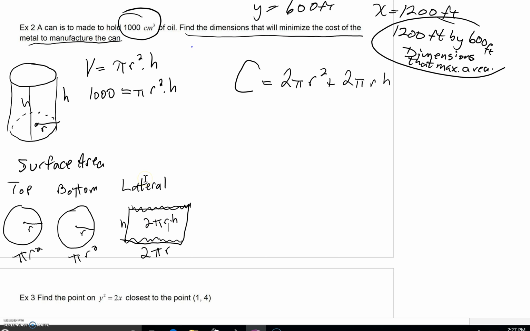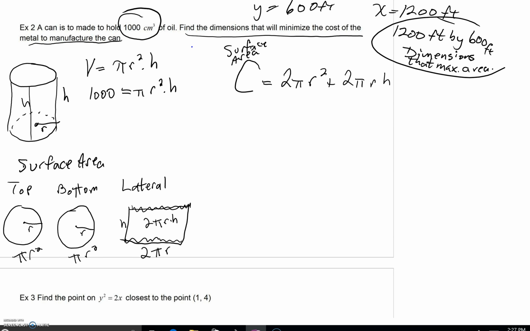What's that? The C is standing for the cost. It's really the surface area, of course, but the surface area, you're going to multiply it by the cost of the metal. You'll say, oh, there's so many square centimeters, and we have to pay this much money for each square centimeter of tin or whatever it is. So C is really the cost.